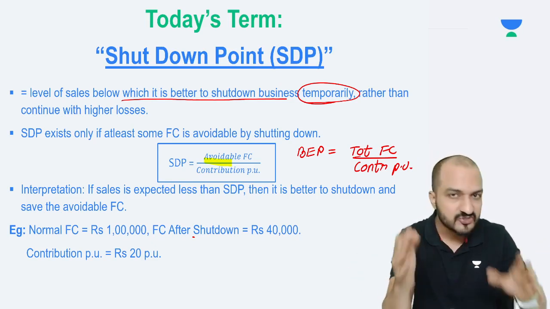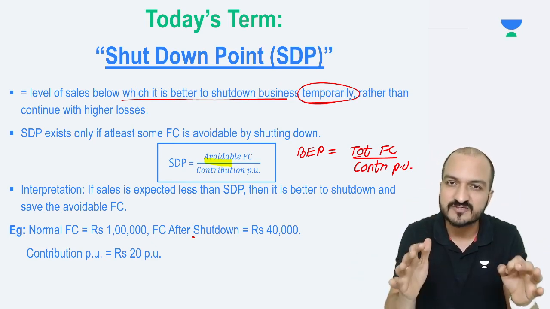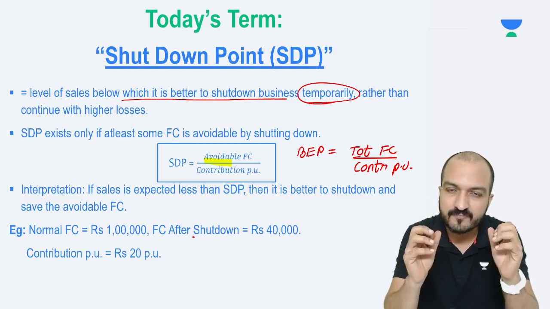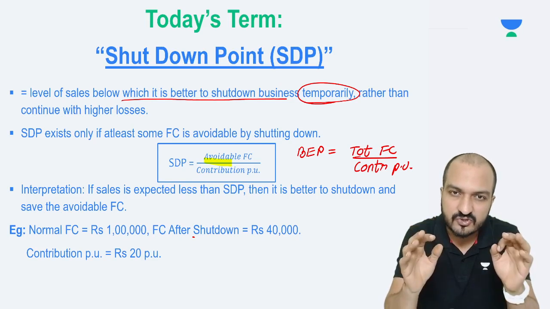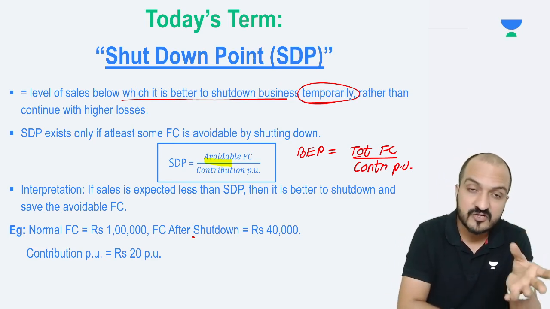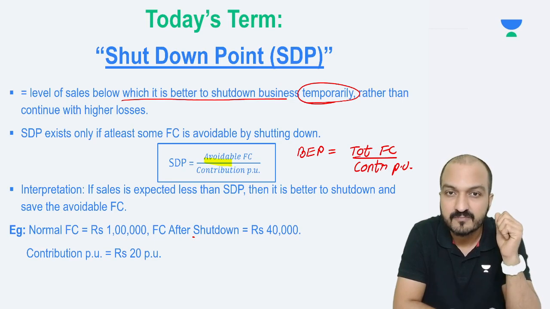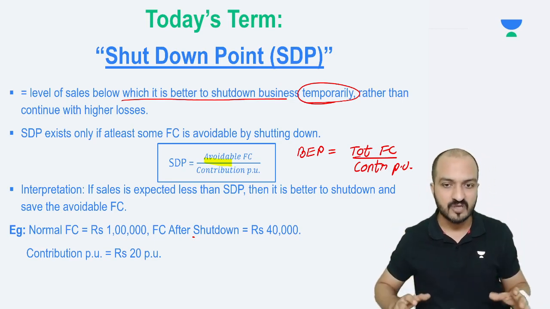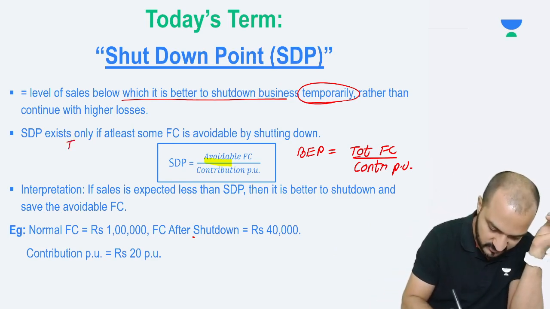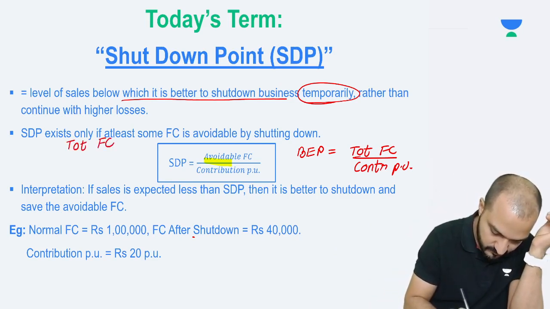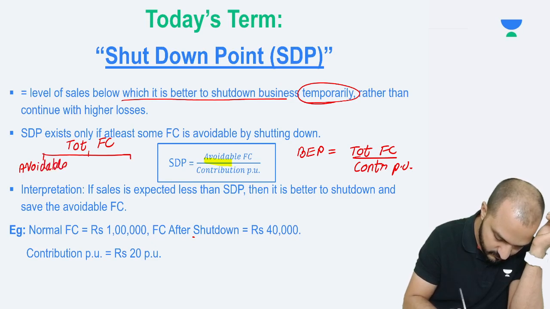You don't want any loss, so you want to recover entire fixed cost. But in case of shutdown point, you know that your estimated sales are going to be less. You know that some fixed cost you will be able to avoid, but remaining fixed cost you know that you have to bear. So imagine out of your total fixed cost, there are two parts: avoidable fixed cost and compulsory fixed cost.